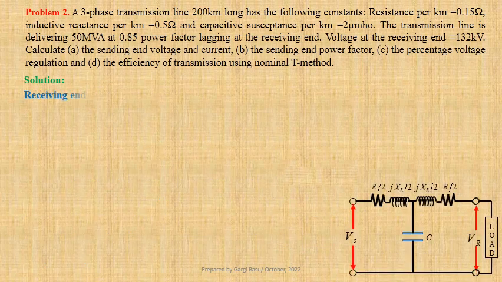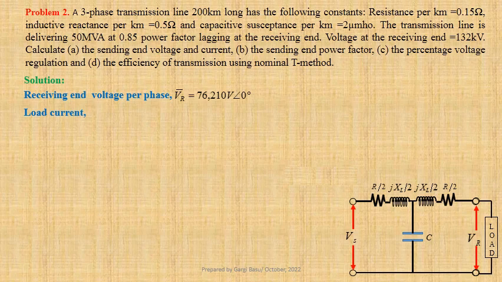Taking receiving end voltage per phase as reference, we can write VR equals 76,210 volts at an angle 0 degree. We have computed load current IL equals 218.7 ampere at an angle minus 31.788 degree.